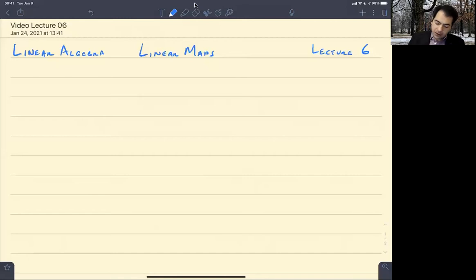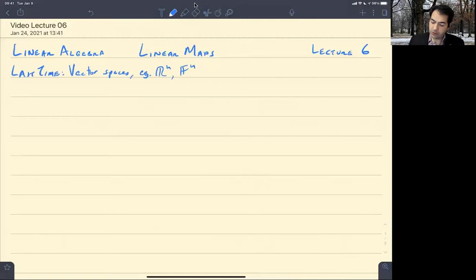Okay, so last time we talked about vector spaces. For example, Rn, or Fn, where F is an arbitrary field, are vector spaces.